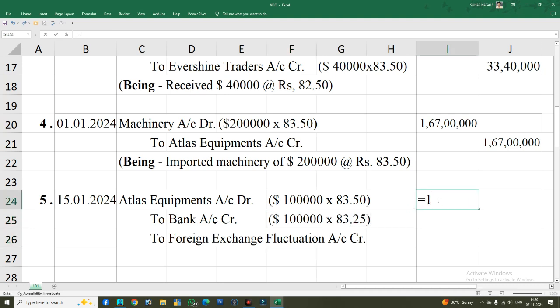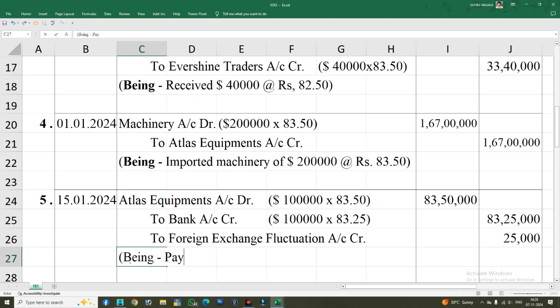Calculation: 1 lakh into 83.50, credit side 1 lakh into 83.25, and the difference between the two is profit, credit side. It means profit 25,000. Write the narration: paid $1 lakh at the rate rupees 83.25 per dollar in Indian rupees.